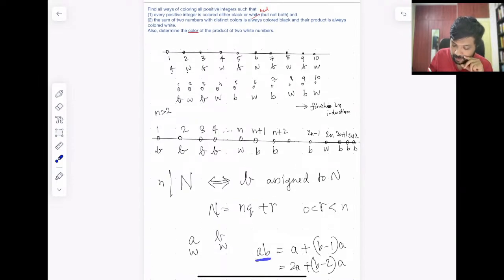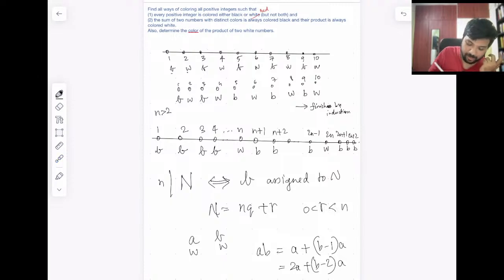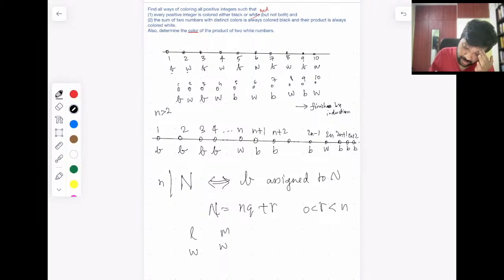Now, I'm already using B for black, so it's very confusing to use it as a variable and a color assignment also. So let's call it some L and M. I have not used L and M. So L and M are white, then LM, Rishan is saying, notice it's L plus M minus 1 into L.